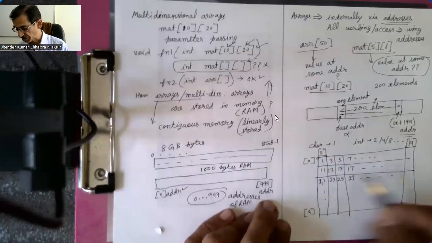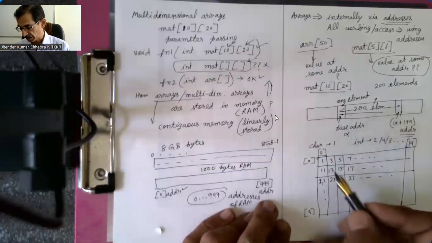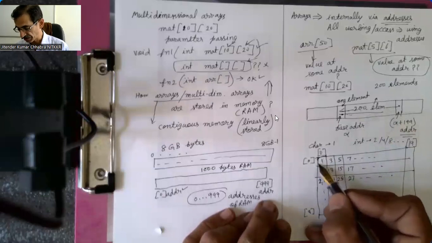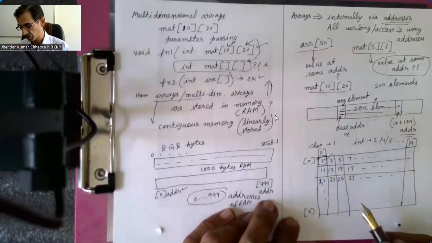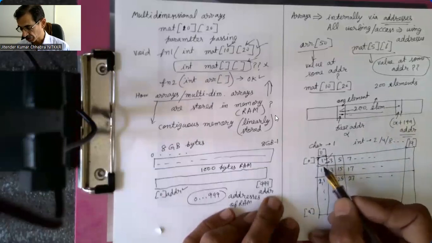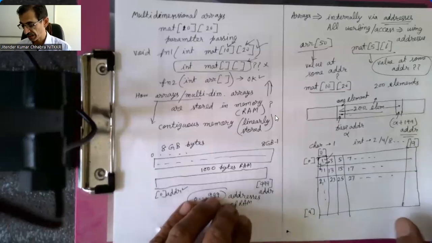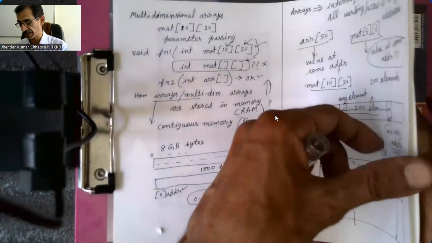Now, how will this be stored inside the memory? Obviously, this value will be the first value to be stored, but the next value can be 3 also, or it can be 11 also, and like that. Having said that, let's continue on the next page and understand it more clearly.